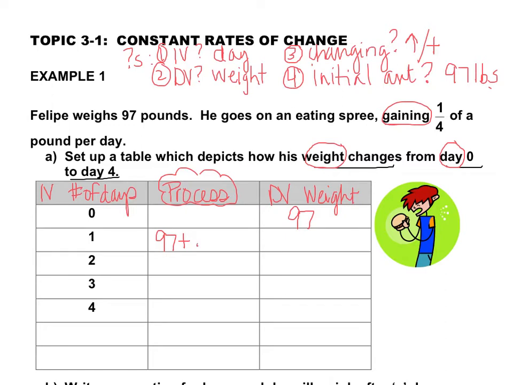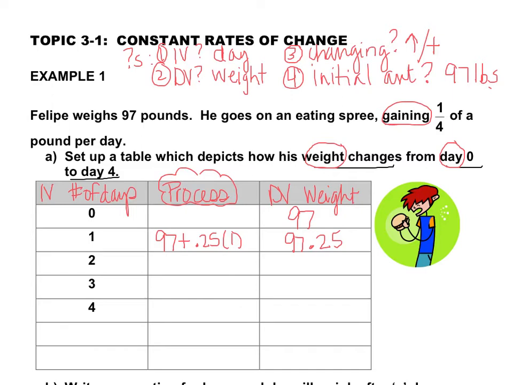So we're going to use decimals, so 0.25, but you only have to do that one time, right? Because it's just one day. So 97 plus 0.25 times 1 is going to be just 97.25. He's gained 1/4 pound. You can kind of start to see how this table is going to work.